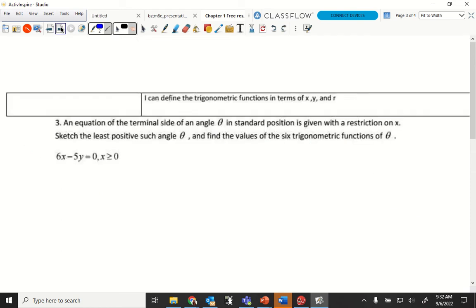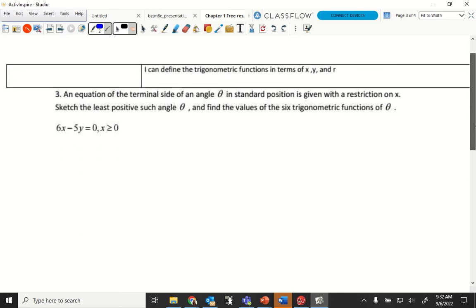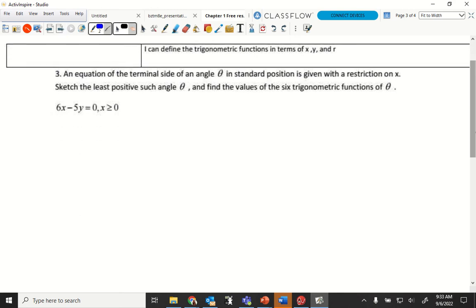All right, number 3. So I don't know if you guys remember these problems right here. I said these are something special. You have to do something special with them. In the homework, we did these also in the notes. These type of problems with a line, we don't have x's and y's.